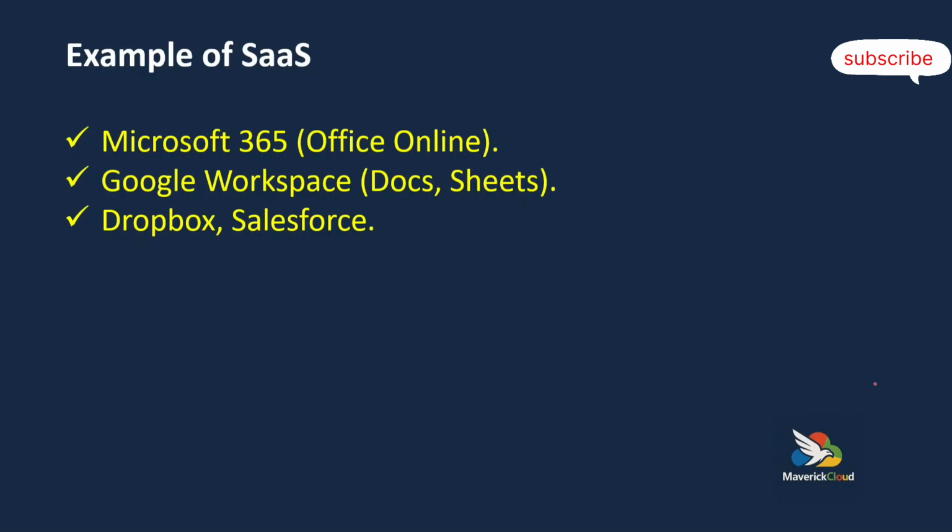Now let's come to SaaS, software as a service. As I told you, these are third-party applications on our phones or in our workspace, like Microsoft 365, Google Sheets, or Google Docs. We install them, log in, and just use them.